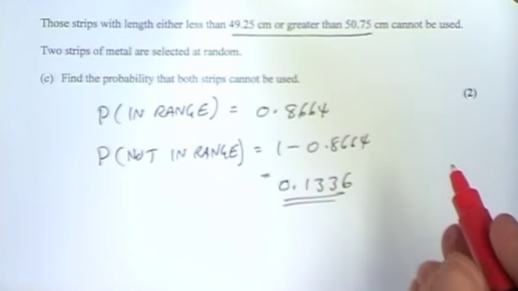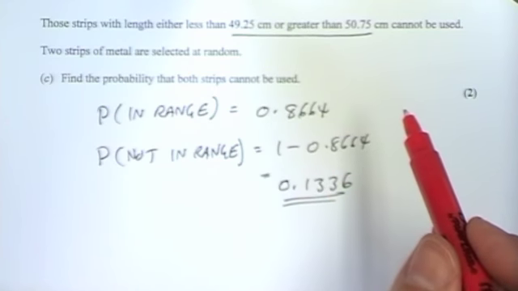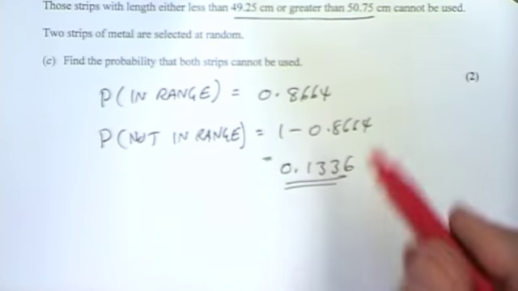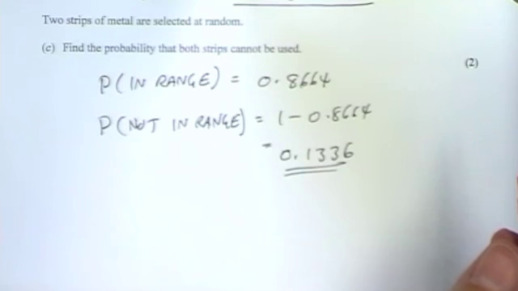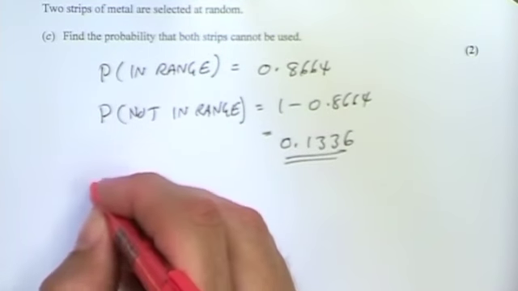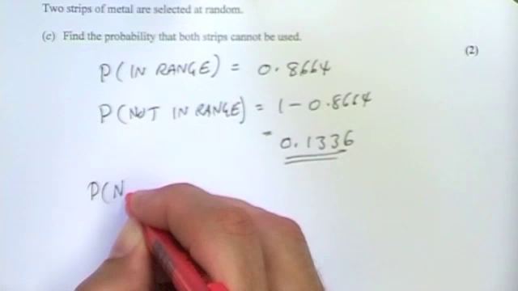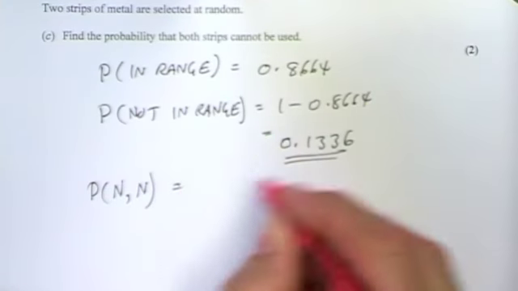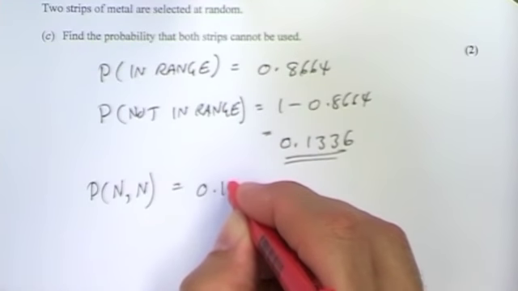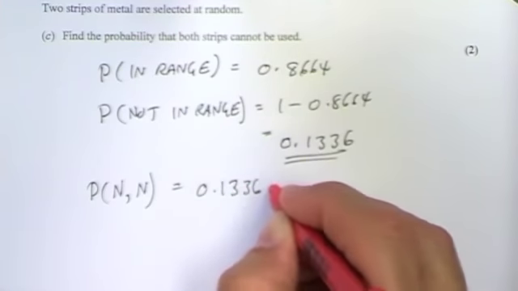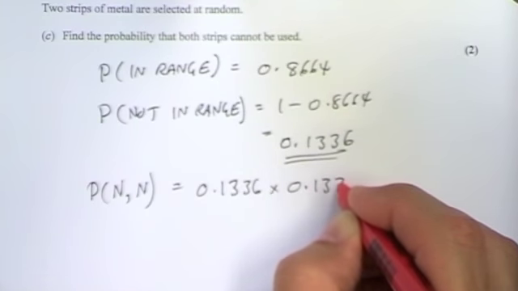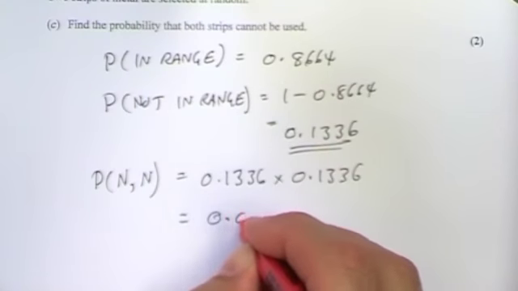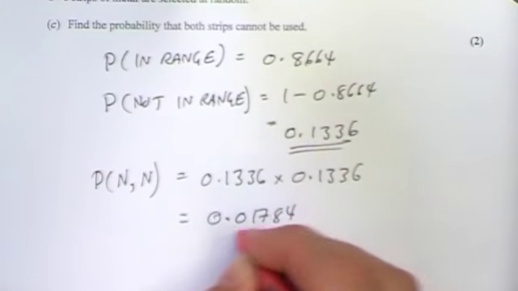So the probability that one of them is not within the range is 0.1336, but it says 2 strips of metal are selected at random, so we actually want the probability of the first one not being in range and the second one not being in range. So that equals first one not being in range, 0.1336, and you effectively square it because the second one is not in range either. That gives us 0.01784.